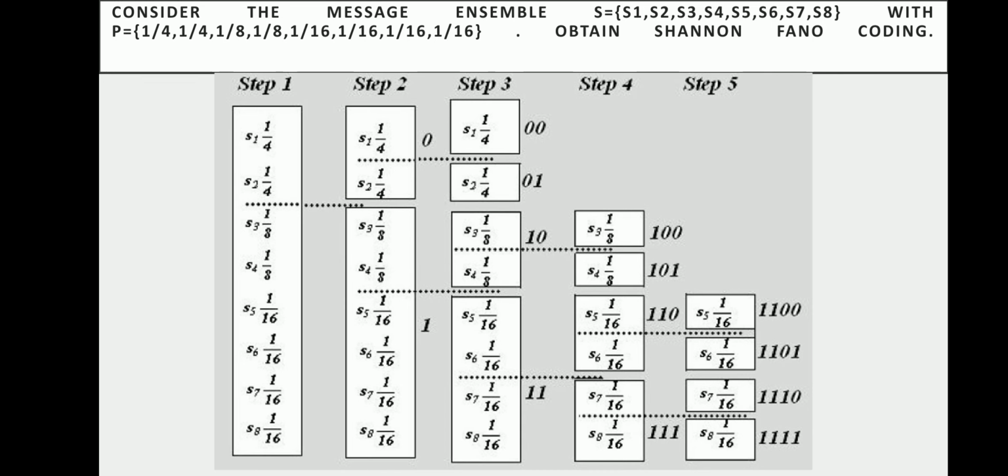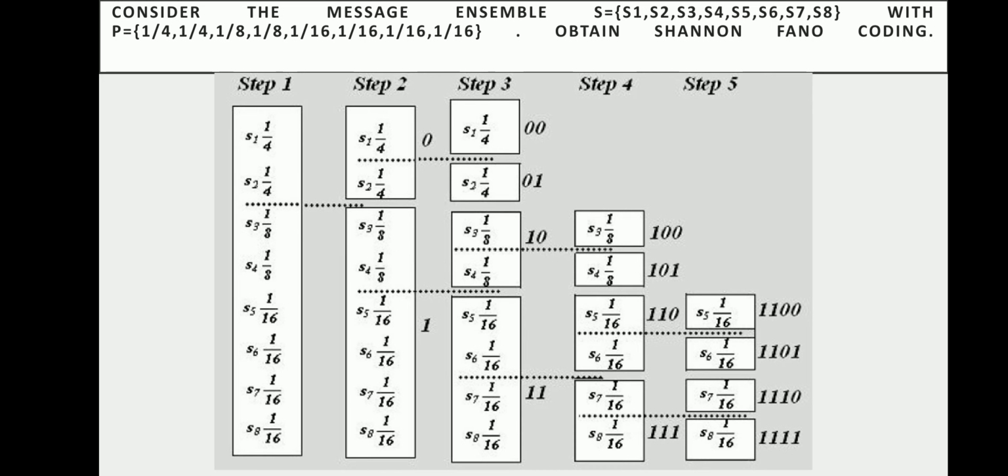Then in each division we assign a 0 for the upper portion and a 1 for the lower portion. We can also code 1 for the upper portion and 0 for the lower portion, but the same method, same coding you should keep in one problem. So every upper group you code as 0, and every lower group you code as 1.